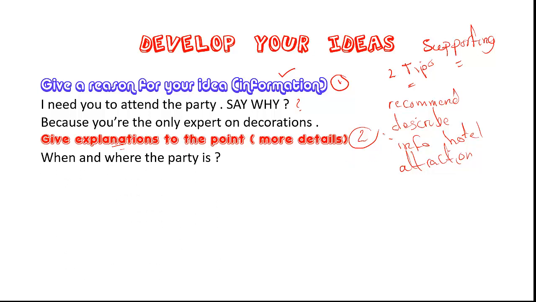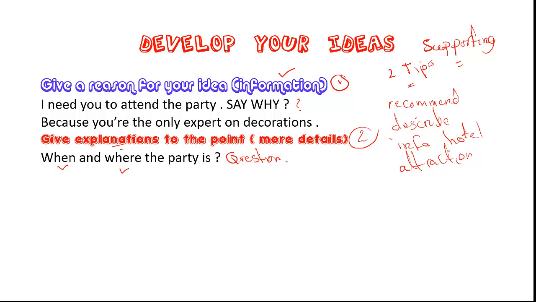For instance, if the prompt in the question asked you about when and where the party is, we can simply provide him with the name of the place and the date or the day of the party. So now we answered this question. This is really terrible and dull, childish writing.